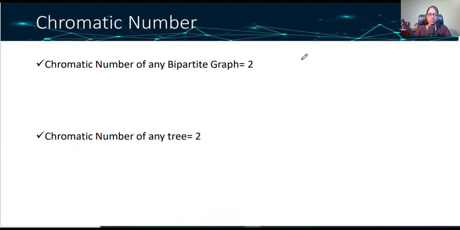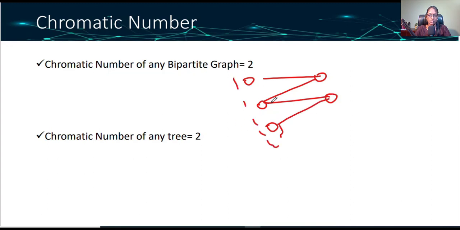The next one is the chromatic number of a bipartite graph. So what is a bipartite graph? You divide the vertices into 2 sets, where one set is connected with the other set, and vertices in the same set are not connected with each other. So this is one color, and this should be another color.